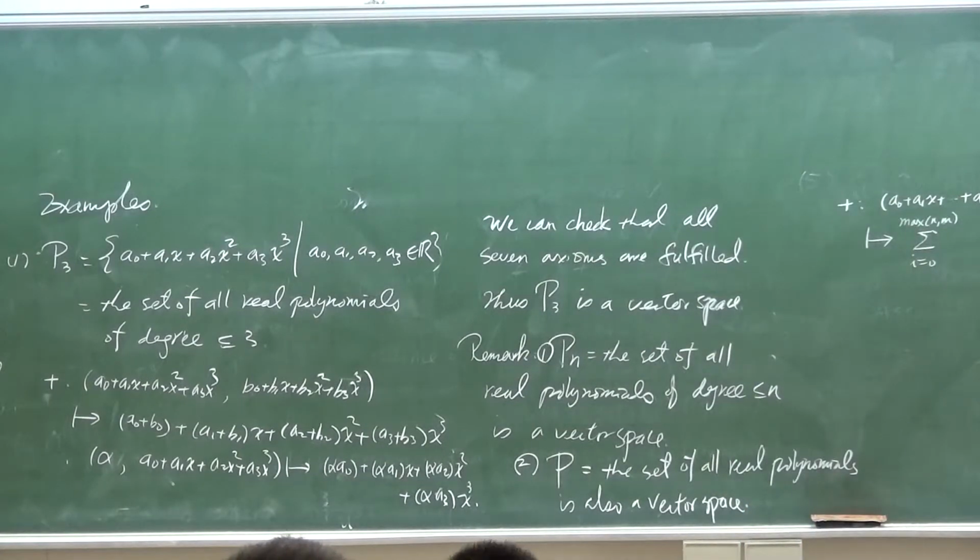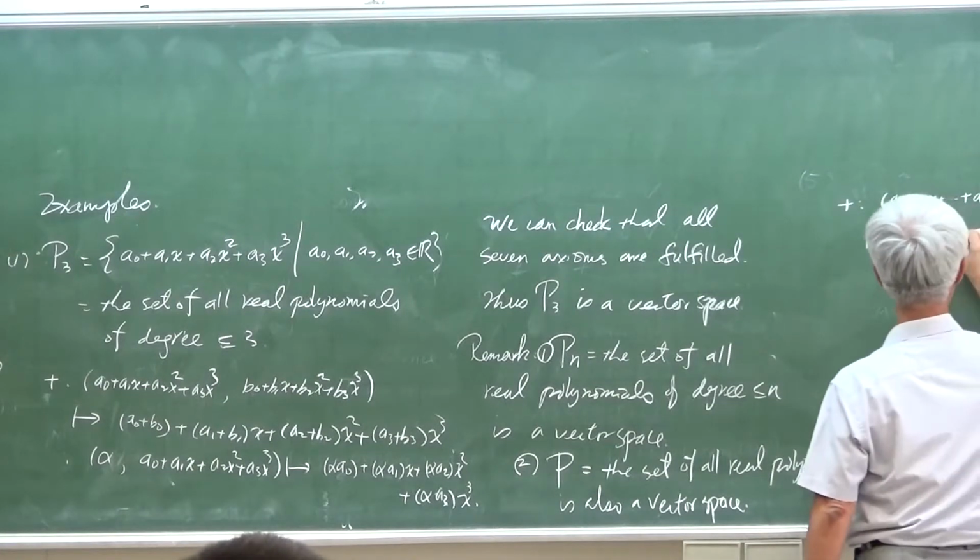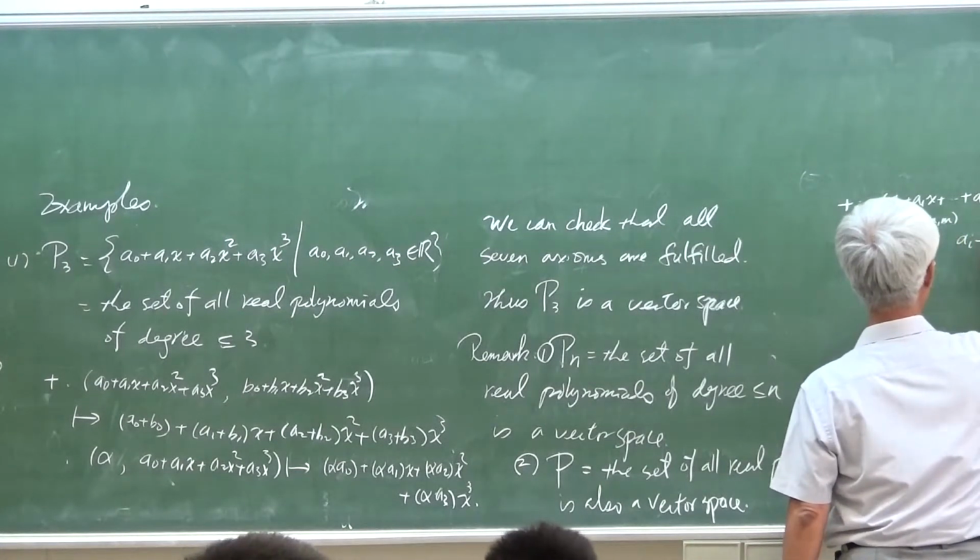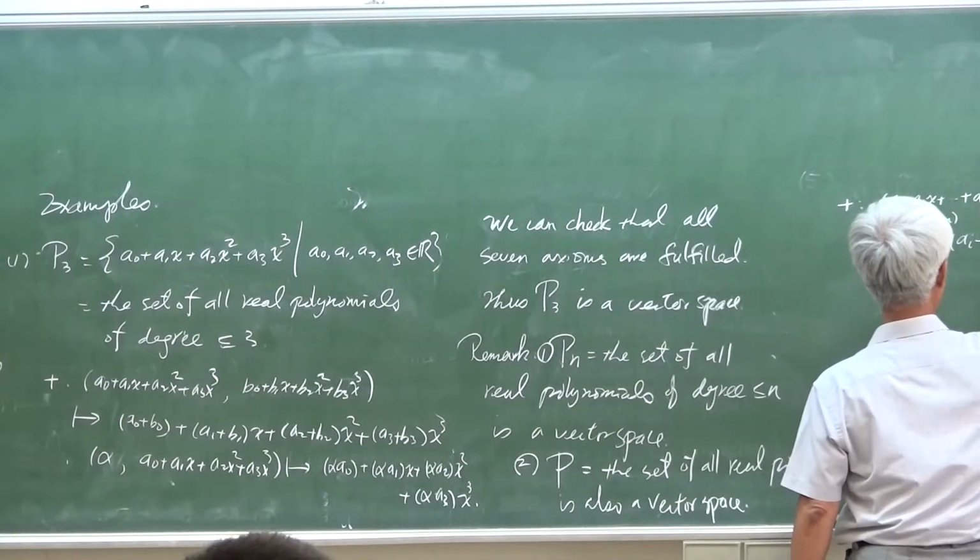As we all practice, if you add two polynomials which may have different degrees, the result is a polynomial with the highest degree. So you take the maximum of n and m here, and you get a_i plus b_i.